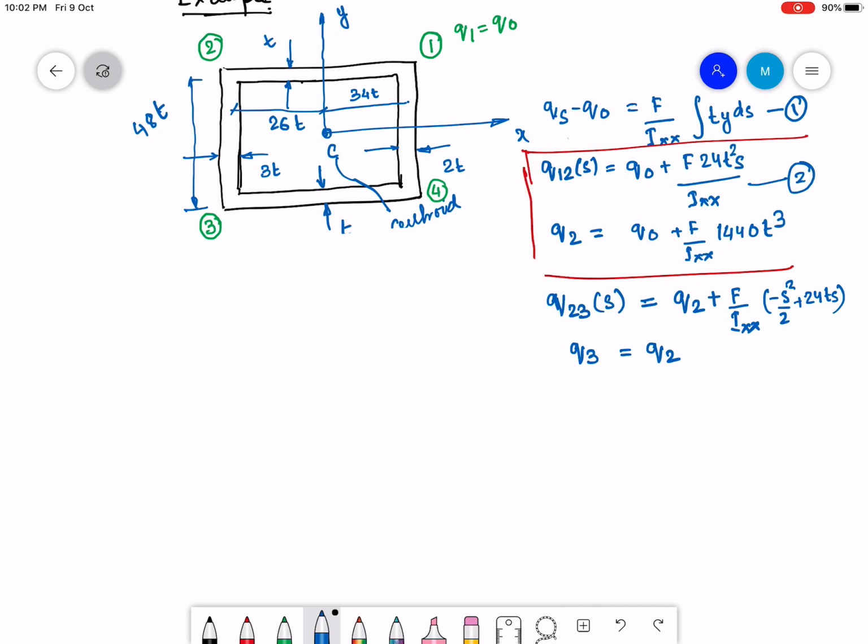Okay, so this is another expression, and I call it as 3.